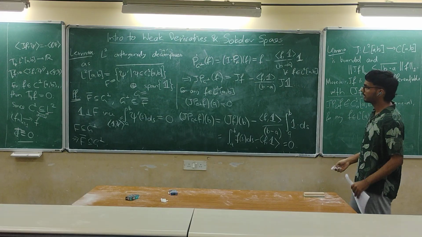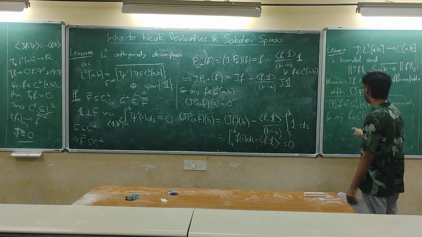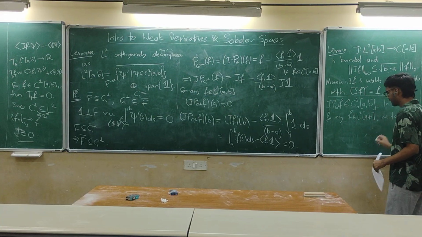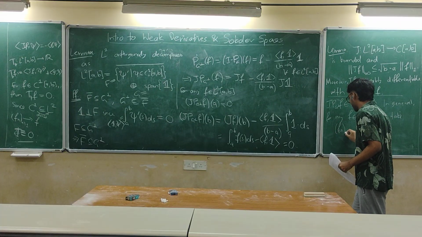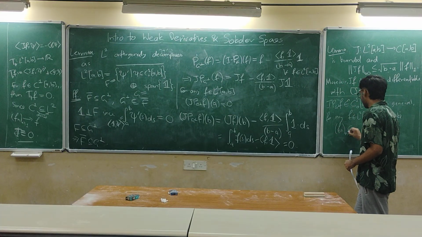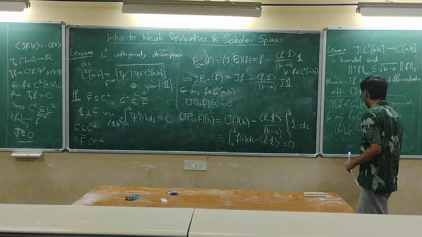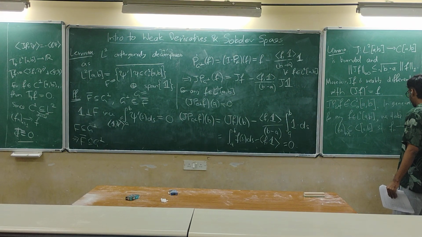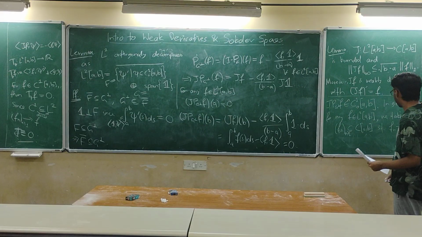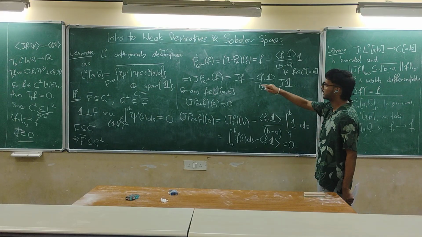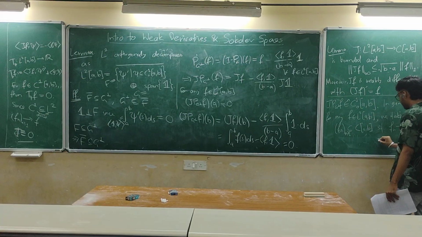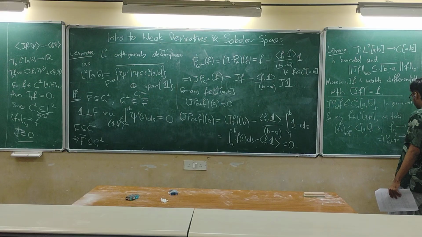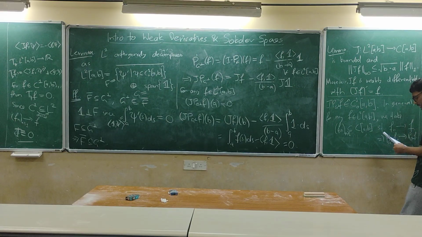I can take a sequence of continuous functions converging to this f. We take f_n contained in C of a such that f_n converges to f. And since the orthogonal projection is a continuous, bounded mapping, this implies that P g perpendicular of f_n goes to P g perpendicular of f.